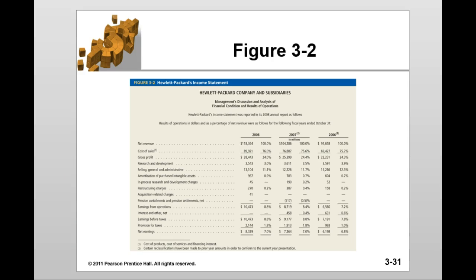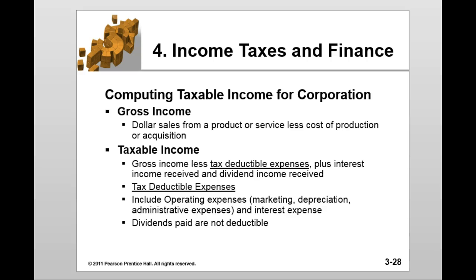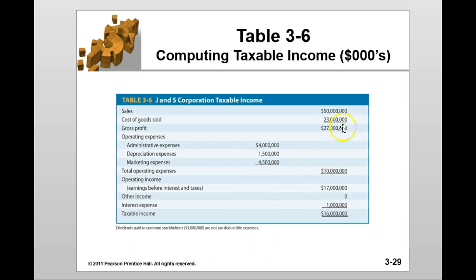And finally, we come down to Hewlett-Packard's 2006, 7, and 8 income statements showing taxes provision at the very bottom here. So that's all figured, and actually that's the way the income statement is set up. It flows down through there, as you can see.